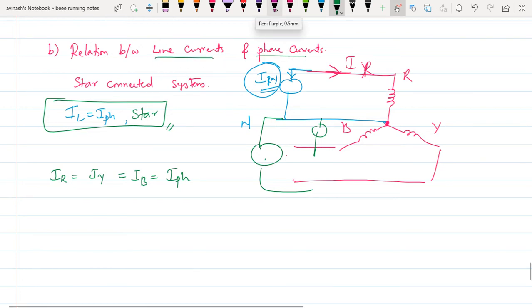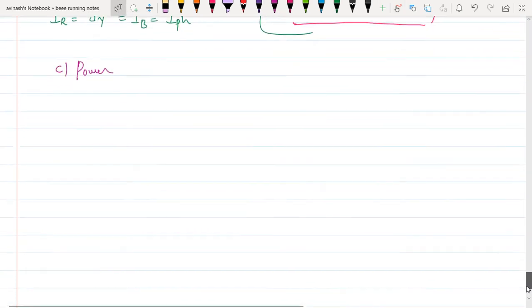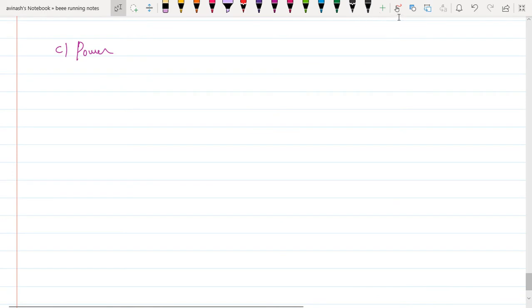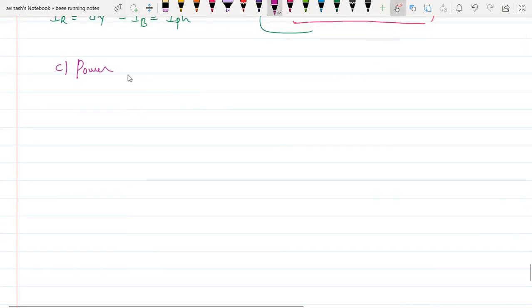Then the other point will be the C bit, which is called power. So the power will be, if the phase current has a phase difference of phi with the phase voltage.